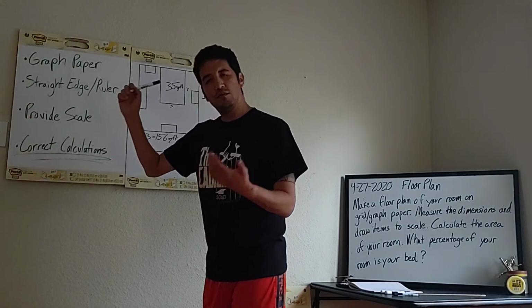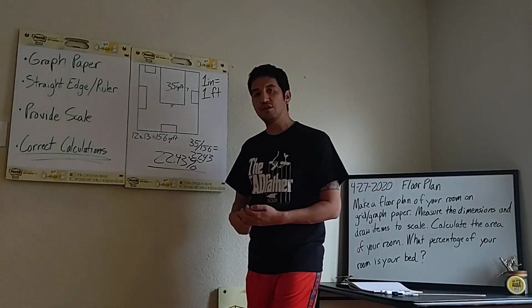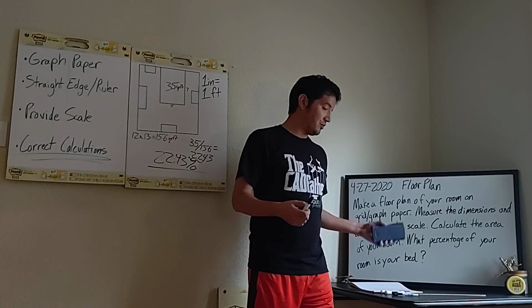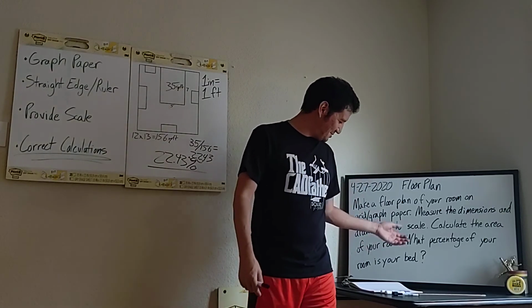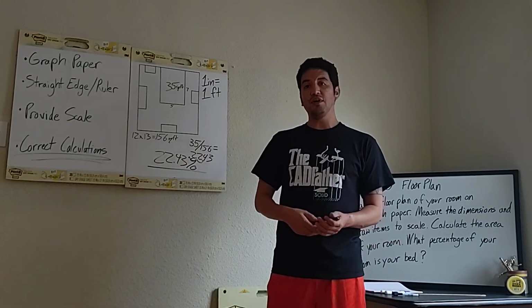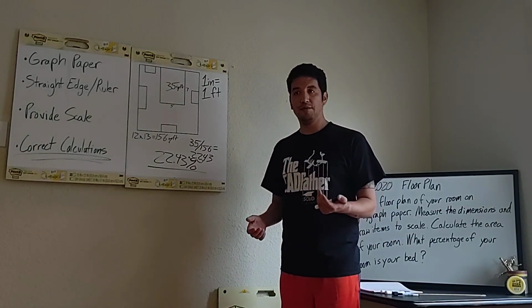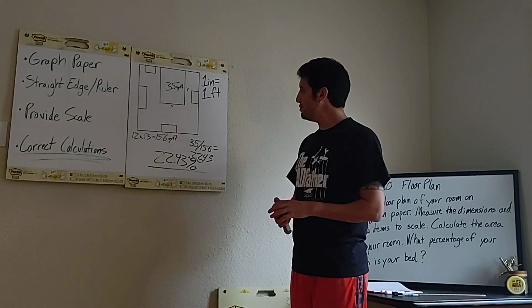And also, most importantly, let's make sure that we're using correct calculations, whether it's using a calculator, just like Mr. Rodriguez was doing, or if you're going to be doing all the calculations on paper, that's perfectly fine too.